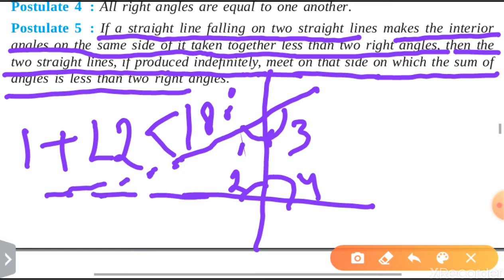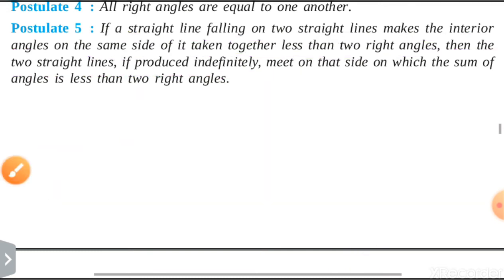So these lines will definitely meet at a certain point. Okay, once again I will explain this.